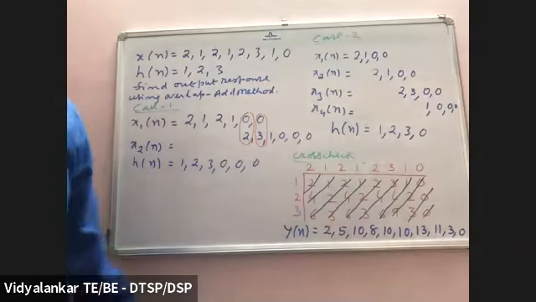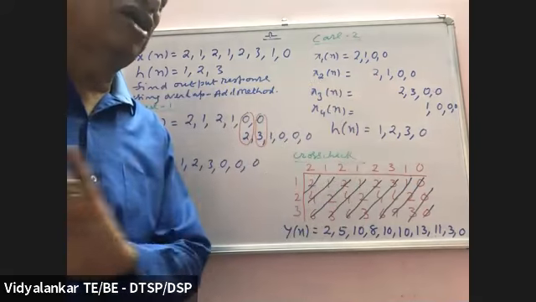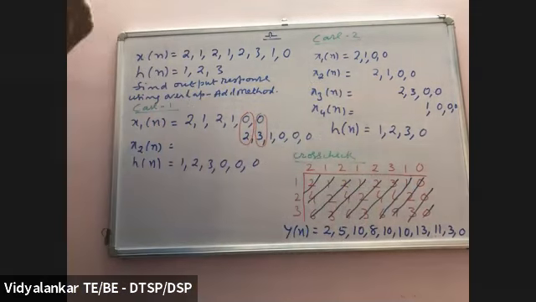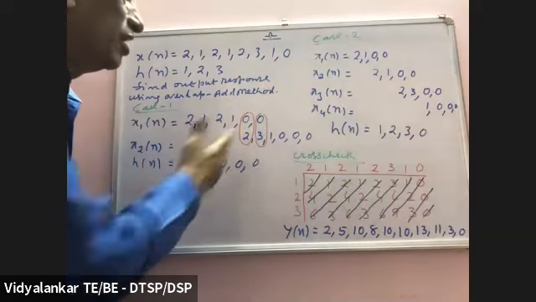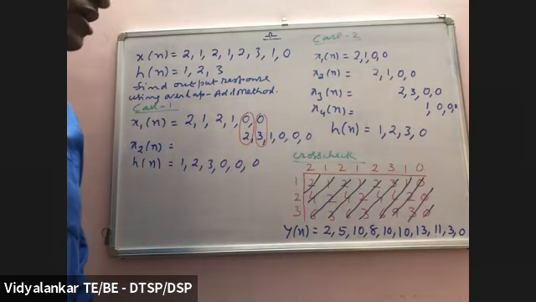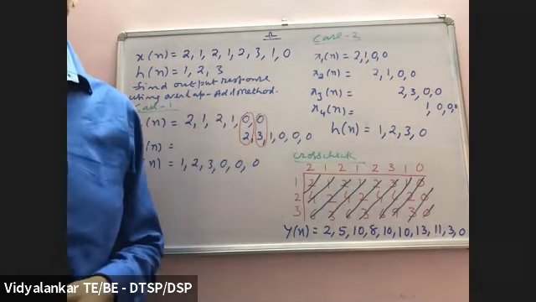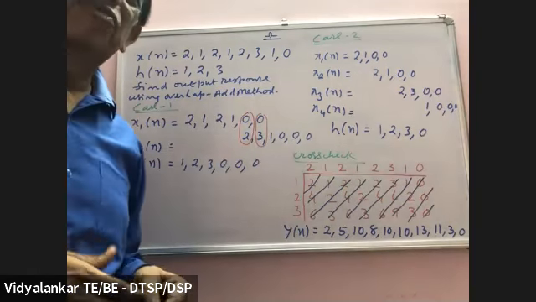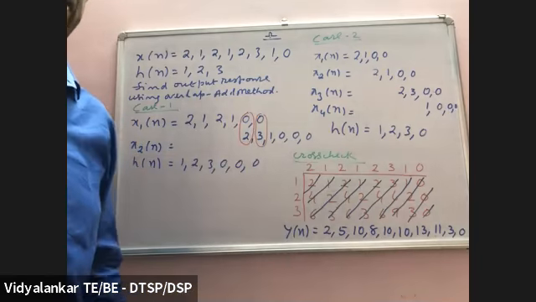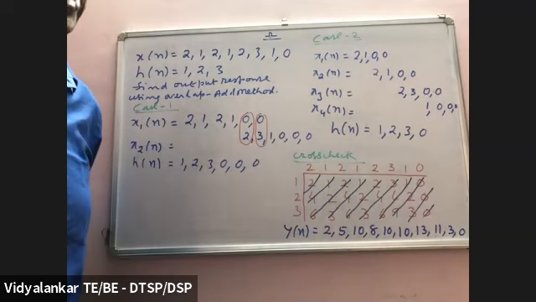MCQ is very easy, all 20 questions you can easily score, because only the formulas are needed: the number of points, the number of samples required, how many outputs are required in this topic. The same for DFT, FFT, even IIR filter, FIR filter, only formula-related questions will come as MCQ. So easily you can score 20 by 20. 20 questions means 40 marks.